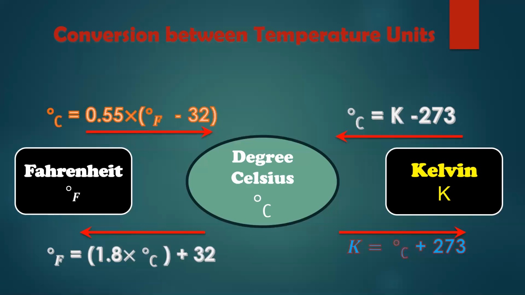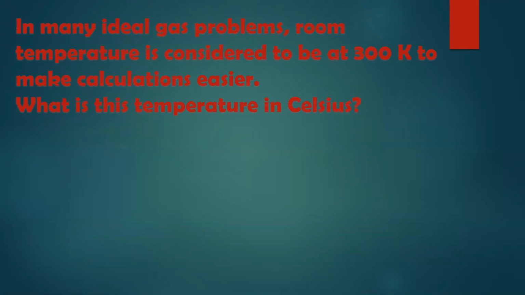Now, let's have some examples using the formulas given here to fix the ideas for all of you. The first question is, in many ideal gas problems, room temperature is considered to be 300 Kelvin to make calculations easier. What is the temperature in Celsius? Don't lose your time, guys, here. The question is talking about ideal gas room temperature, which we keep at 300 Kelvin. You are asked to get the equivalent value in Celsius.